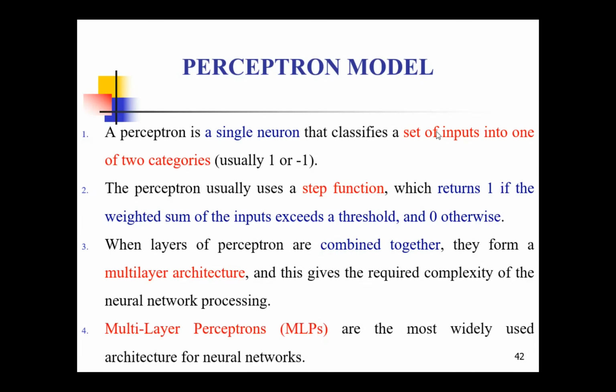Rather than single neuron perceptron models, generally we focus more on MLPs, multi-layer perceptron models, because they are the widely accepted neural network model and their performance is very good. Exact prediction of outputs for a given set of inputs is possible with multi-layer perceptron models.